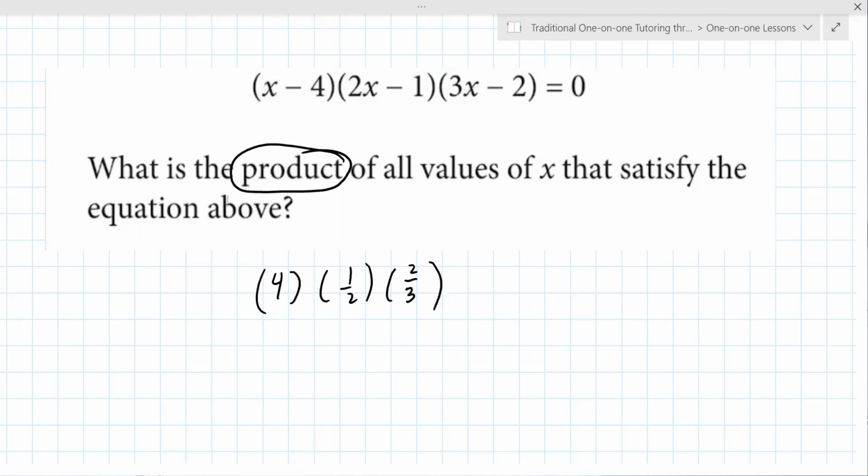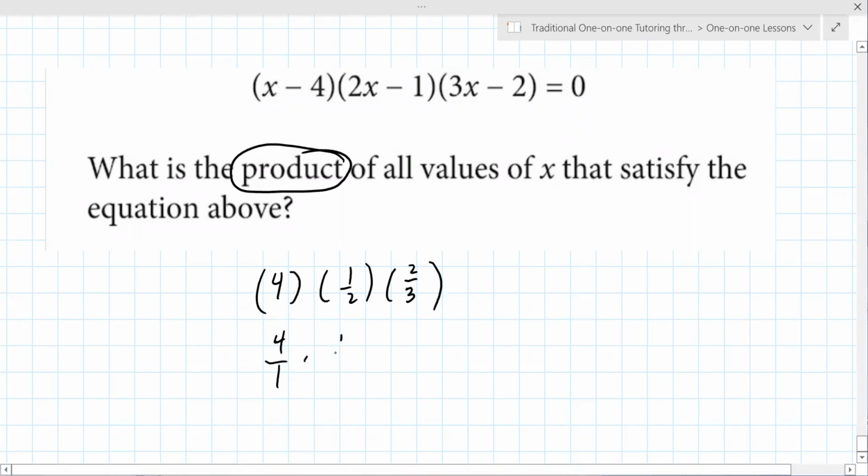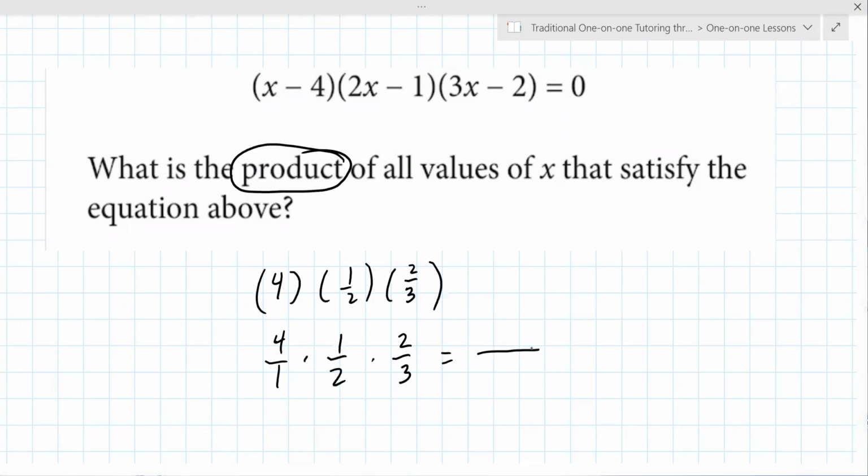Am I allowed to use a calculator here or no? No, but treat 4 as 4/1 and then 2/3, and you just multiply the tops and the bottoms and you reduce if you can. So I got 4 times 3 is 12 plus.